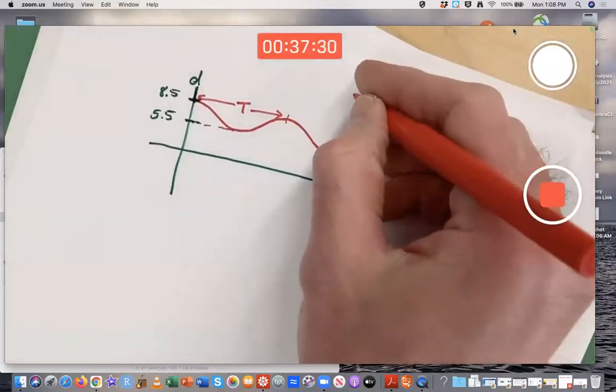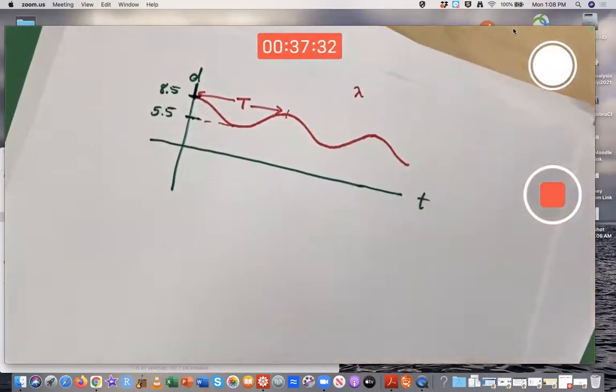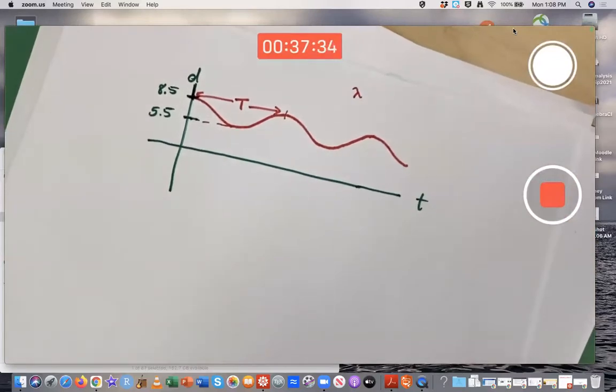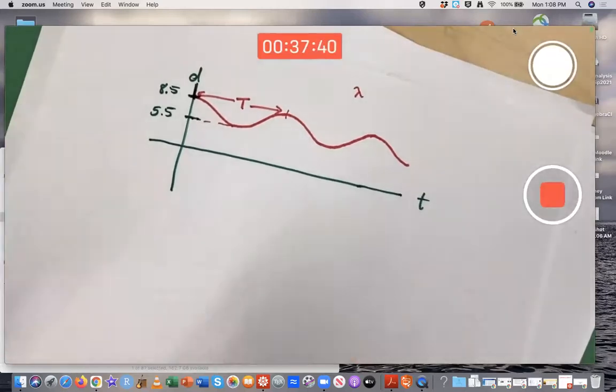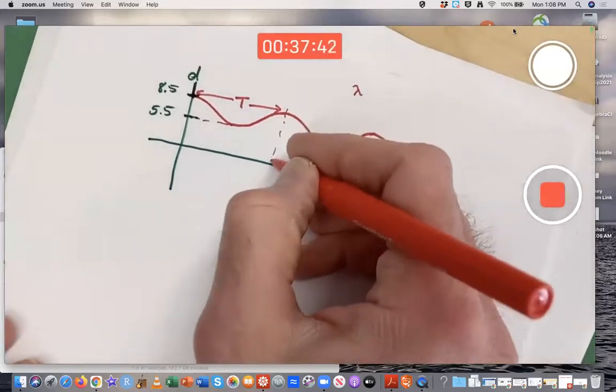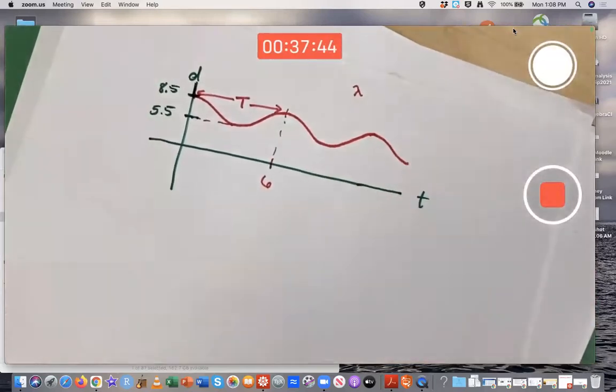Lambda looks like this. They mean the same thing, but the application is different. Time is the variable, so we think about it as a period. This is 6 hours here. So you can see the scales and the axes are different. That's okay. Don't let it bother you.